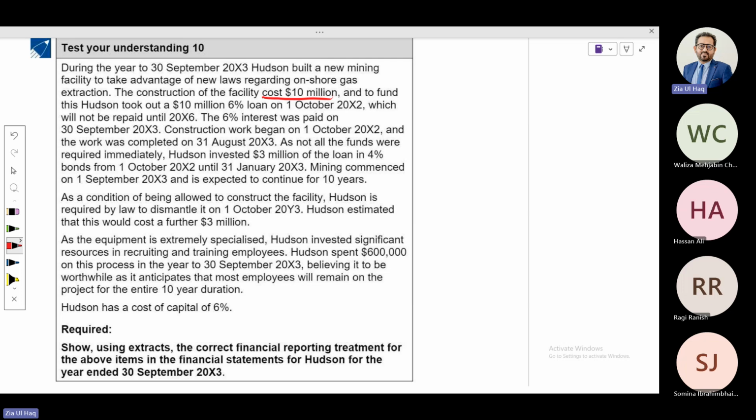And to fund this, Hudson took out a 10 million 6% loan on 1st October 20X2. Obviously, year ending 30th September. So when it started, 1st October 20X2. So 10 million is the loan and 6% is the interest rate, which will not be repaid until 20X6.